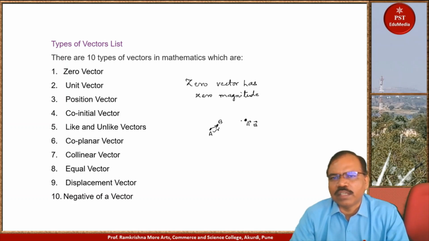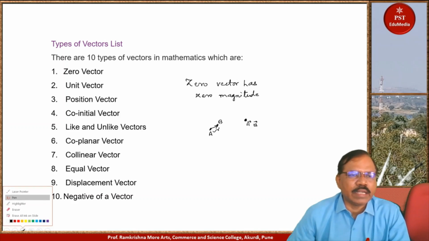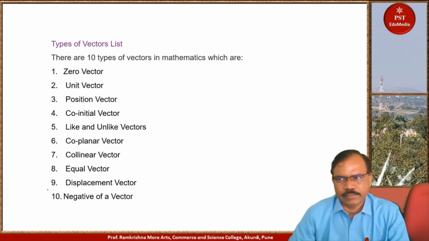So the magnitude is 0, and the initial point and final point, the starting point and end point, coincide with each other. That is called a zero vector.